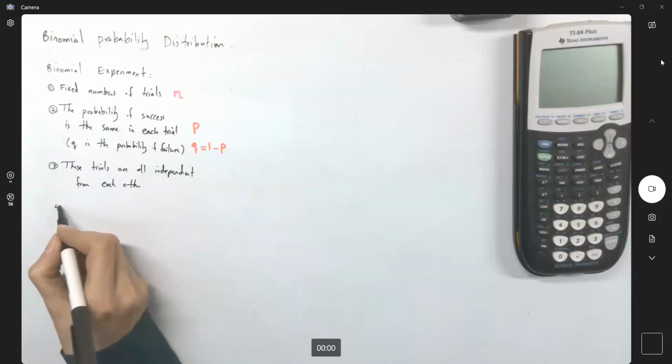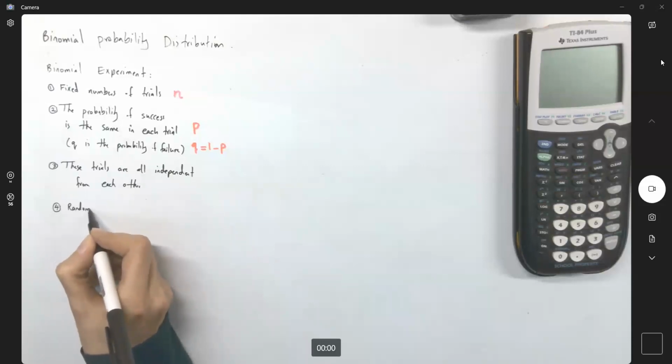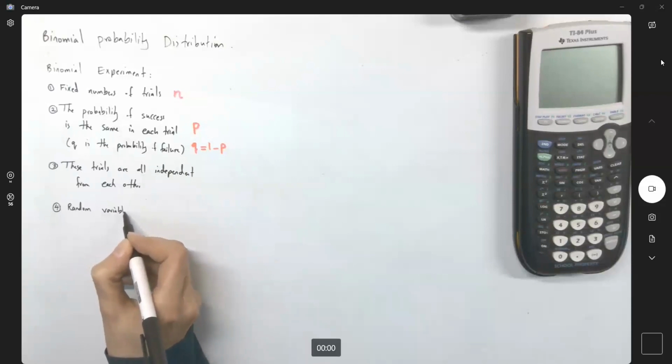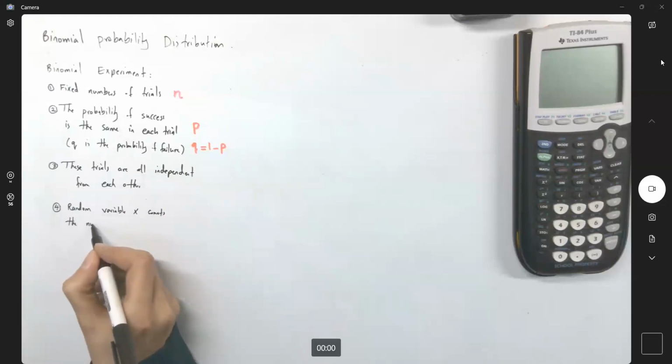And finally, the last condition: the random variable X counts the number of successes.